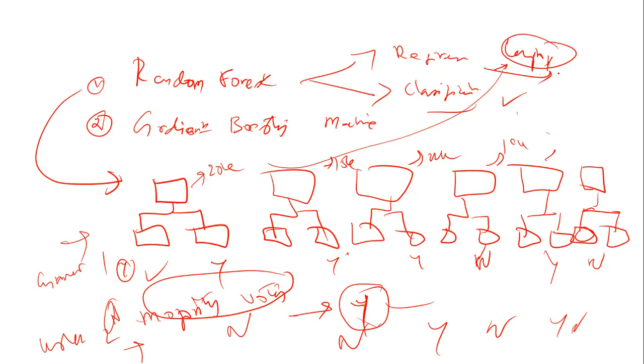Each tree gives a predicted price, and all the prices are aggregated. It takes the average of all the trees' prices, 20K plus 15K plus 22K plus 20K plus 20K. Whatever the average value is, that value will be assigned to your laptop as the predicted price.